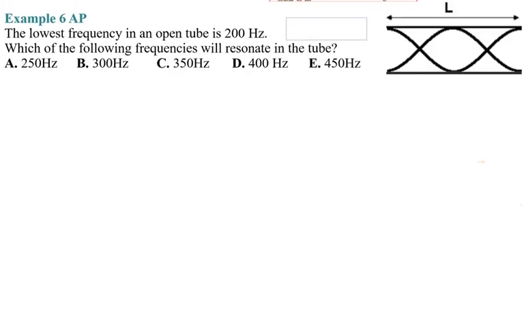Here's another question that I want to look at with you. The lowest frequency in an open pipe is 200 hertz. Which of the following frequencies will resonate in the tube? So here I have an open tube, and the lowest frequency that resonates would look like this.